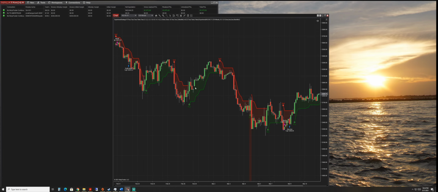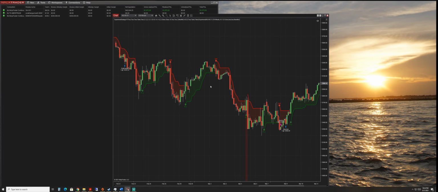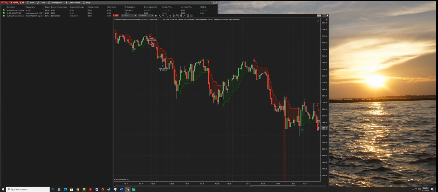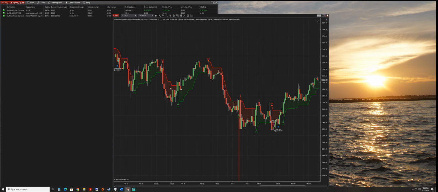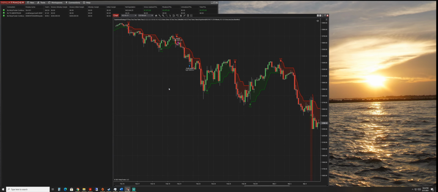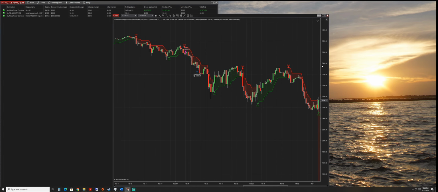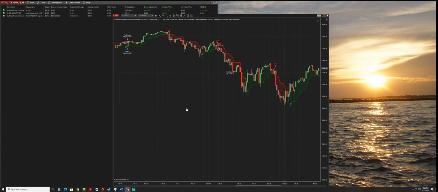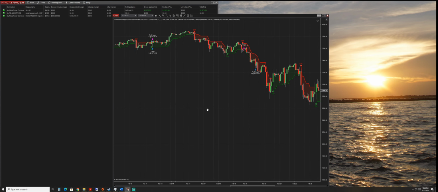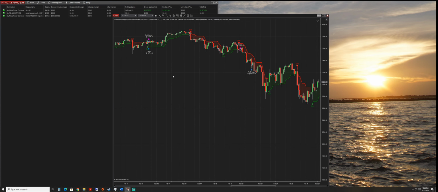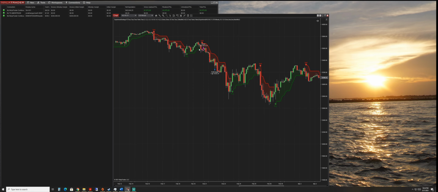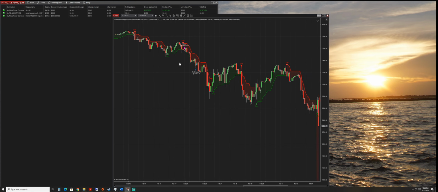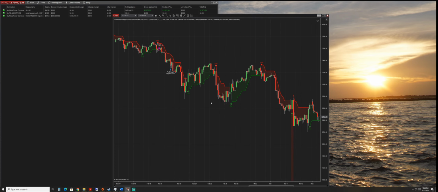This is based off of 120 minute, and right now we're in a bearish market. What the OTT, which is the optimized trend tracker, is doing here is only giving me short executions up to this day because it's a bearish market.